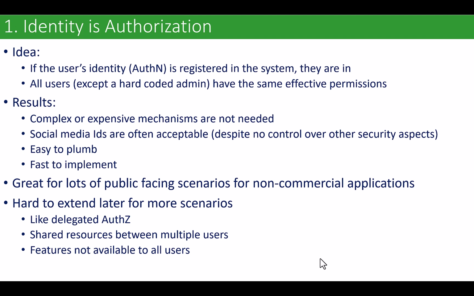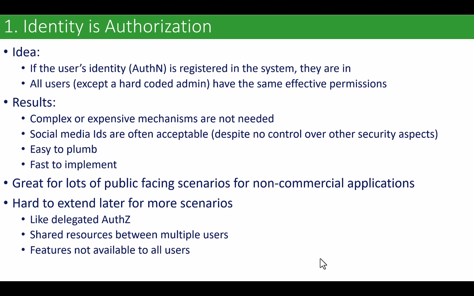If they land on your blog site and it turns out they're in the list of people who are administrators, then they can create and manage blogs and stuff like that. So identity as authorization, although very simple, is very powerful for a lot of scenarios. But it's hard to extend for things like delegated authorization, sharing resources between multiple users, and if you have differential features above and beyond something really simple.